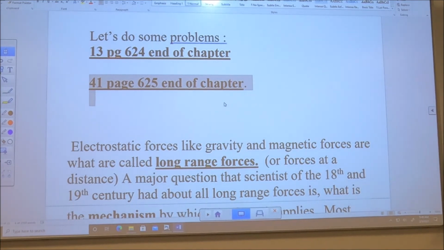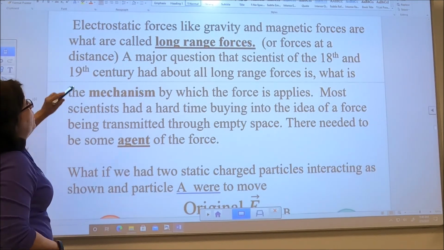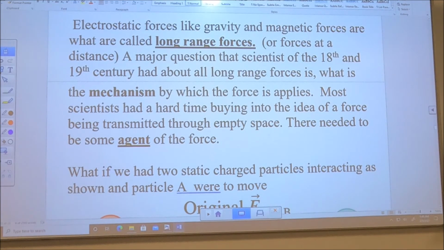Okay, now, electrostatic forces like gravity and magnetism are forces at a distance, or we could call them long-range forces. And the major question that scientists had in the 18th and 19th century about long-range forces is what was the mechanism by which these forces are applied.